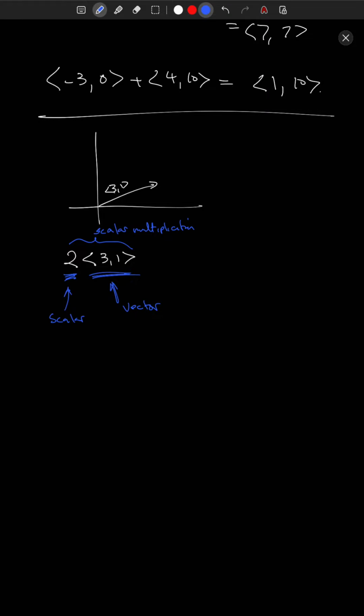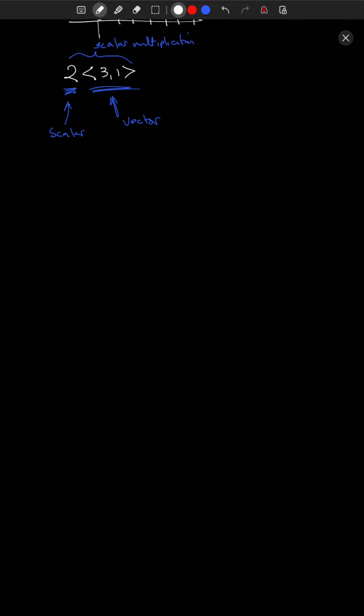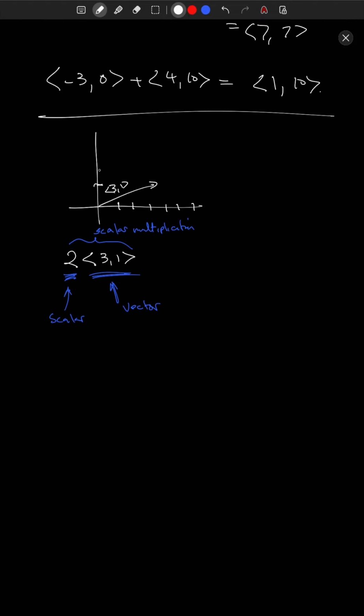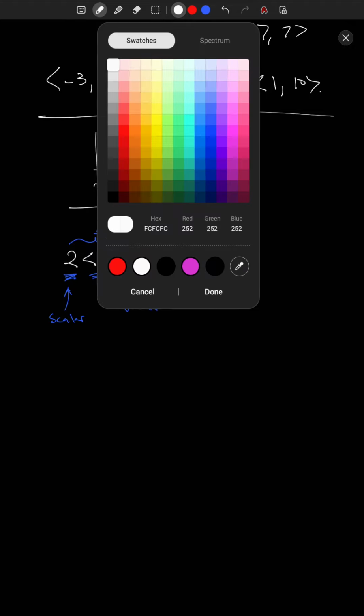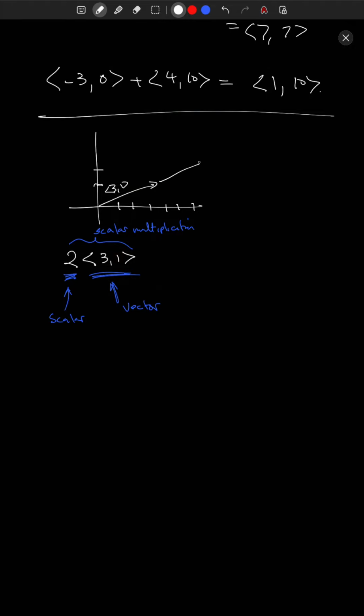So what would it be? Well, in terms of the picture up here, this vector is (3, 1), which means I'm moving 3 spaces to the right and then 1 space up. If I have 2 times (3, 1), that means I move another 3 spaces to the right and another space up. So that would be this guy here, double the length.